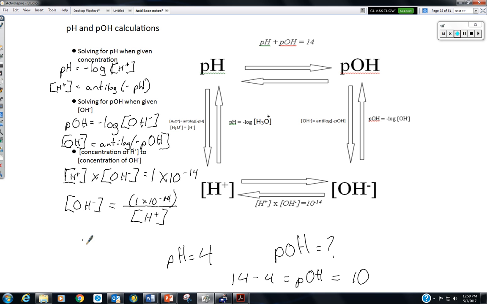If we wanted to know the concentration of hydrogen, and just so you recognize, these brackets represent concentration, it's the same thing. It's going to be 1 times 10 to the negative 14 over OH negative. We can go one way or the other, and like I said, there are multiple paths to get to the same answer.